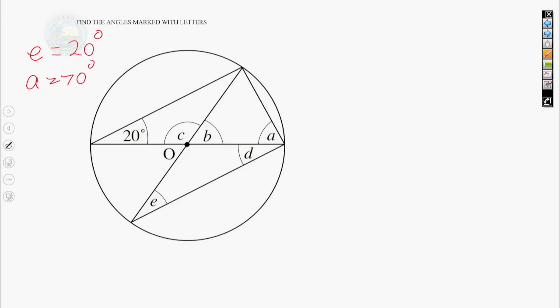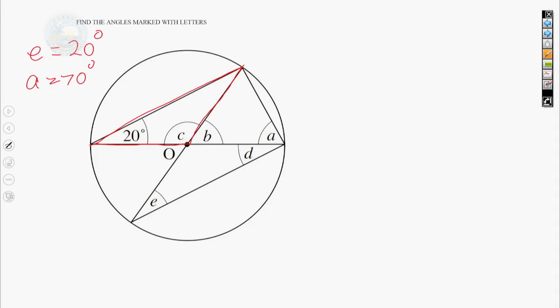So now let's continue. What else do we see here? What other shape do we see with the angles that we've found? Well, we see yet another triangle involving this 20 degrees, and it's this one. Now, is there anything special about the sides of this triangle?